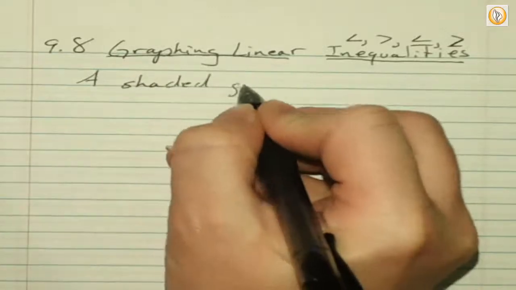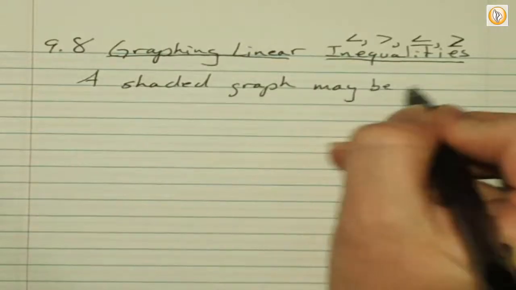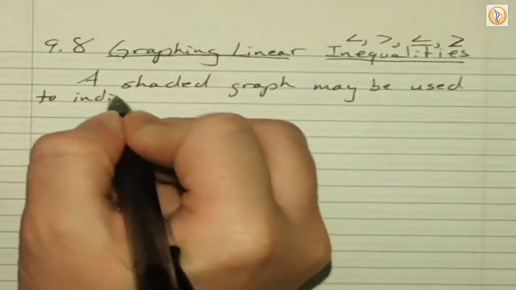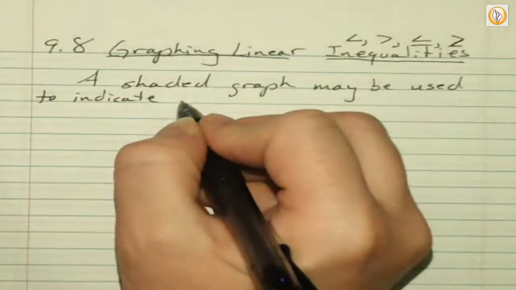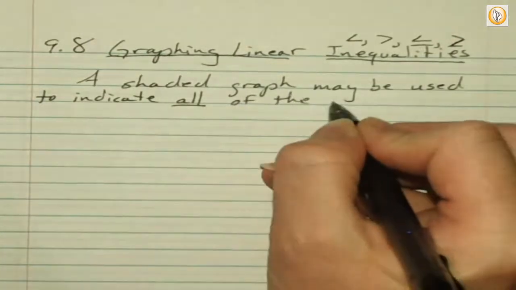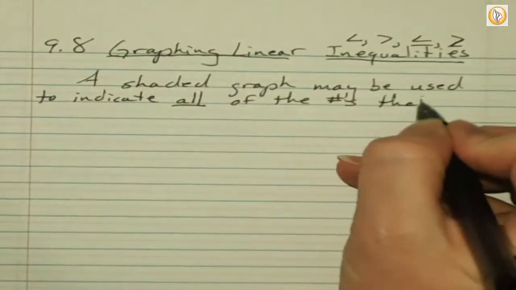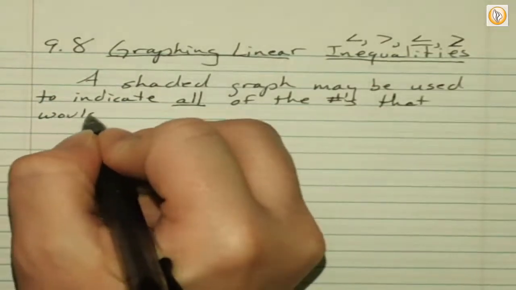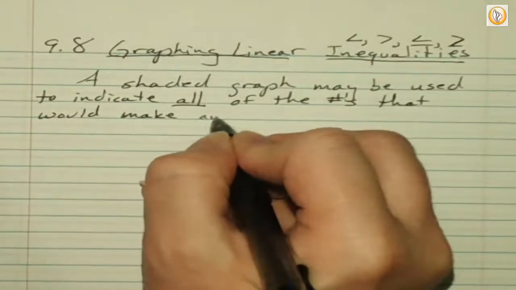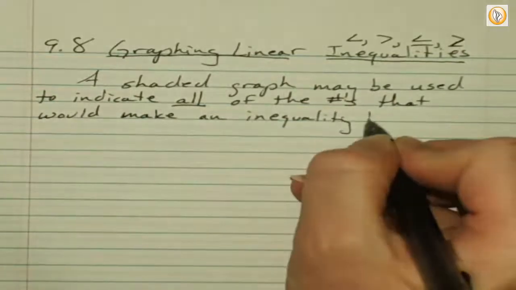A shaded graph may be used to indicate all of the numbers that would make an inequality true.